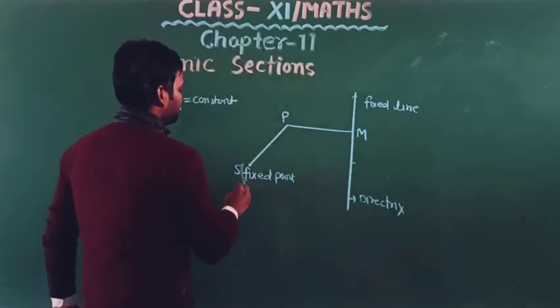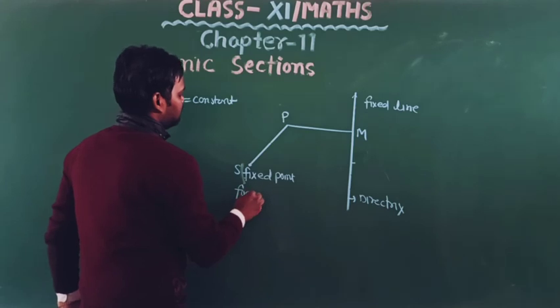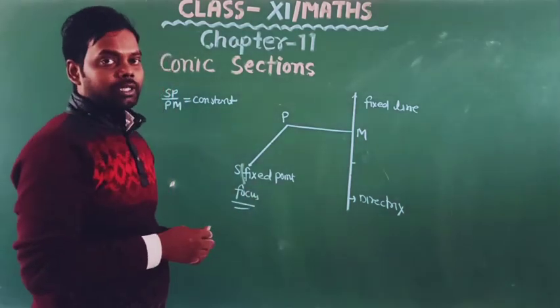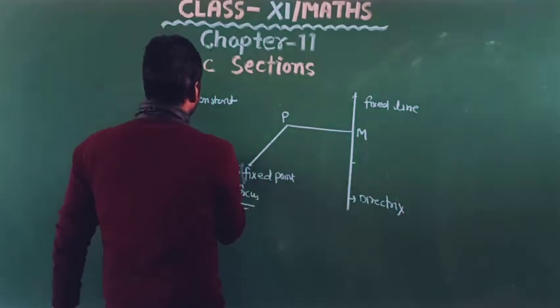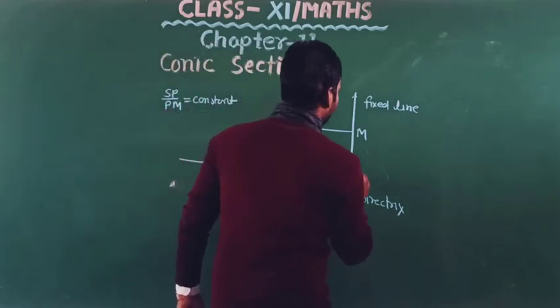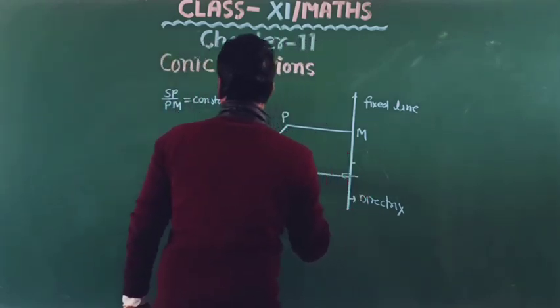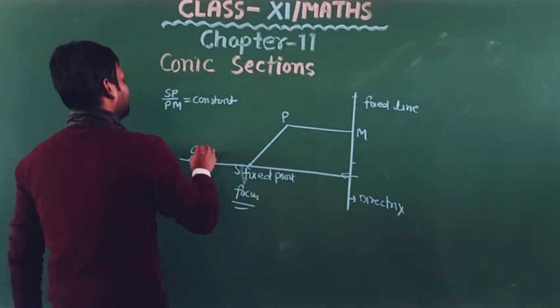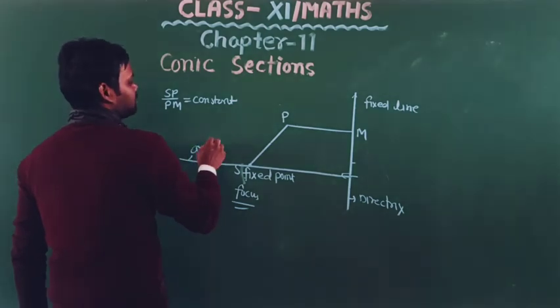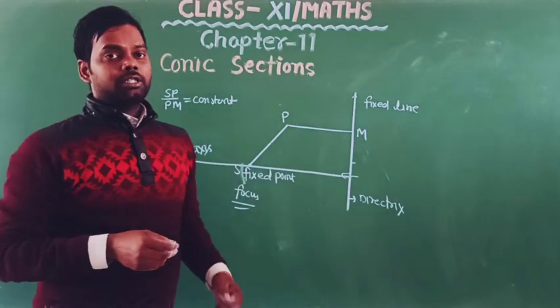A straight line passing through the focus and perpendicular to the directrix is called the axis of the conic section.